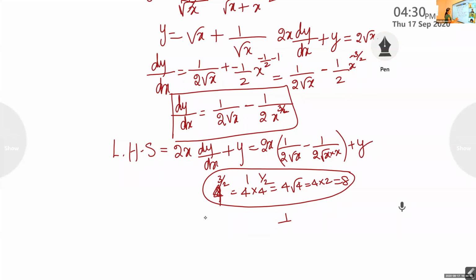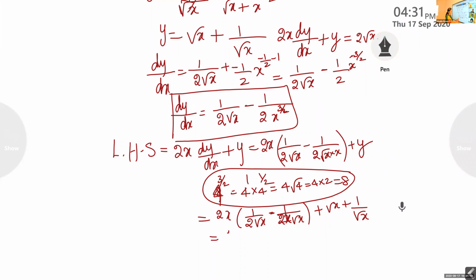So which is the same as 2x into 1 by 2 root x minus 1 by 2 into x into root x plus y. Substitute for y. What is y here? y is root x plus 1 by root x. Next step, open the bracket.